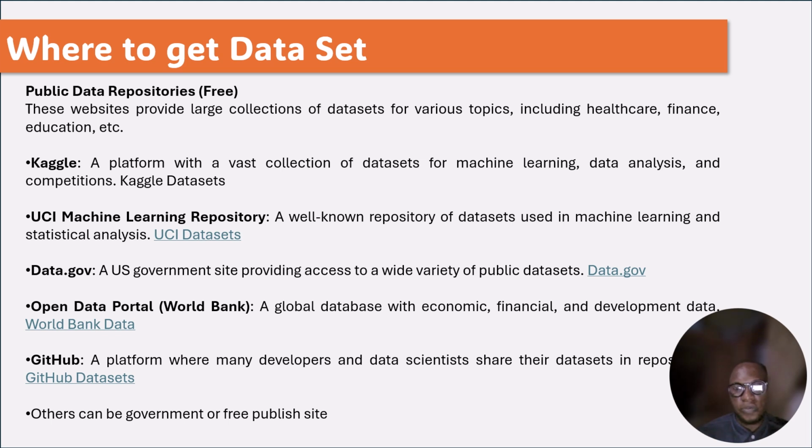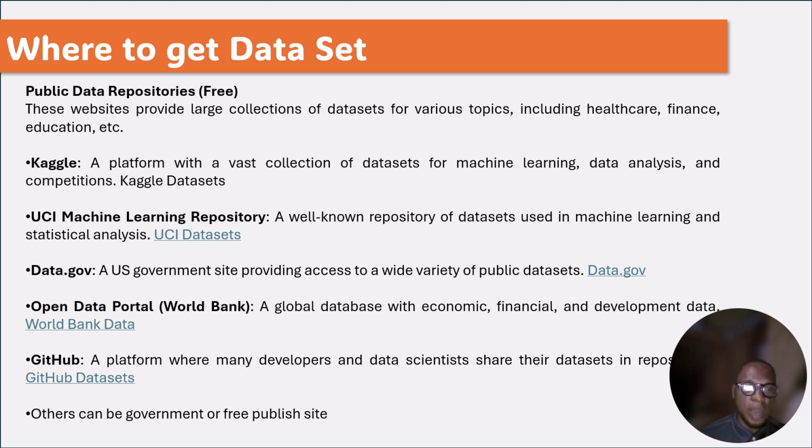Websites offer free public data repositories online on various topics including health, finance, and education. For example, some that are free are like Kaggle. Kaggle is a place where you can get data for analysis and for competitions on various topics. We'll be checking through that too.